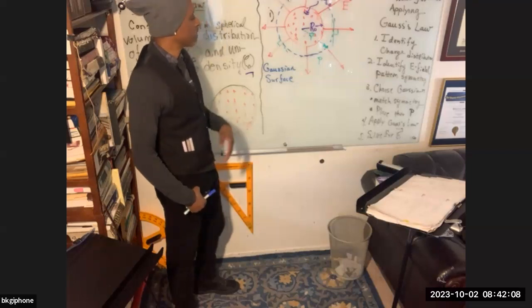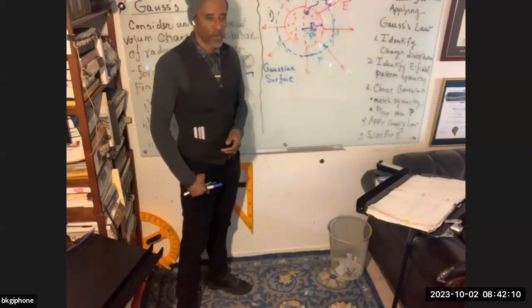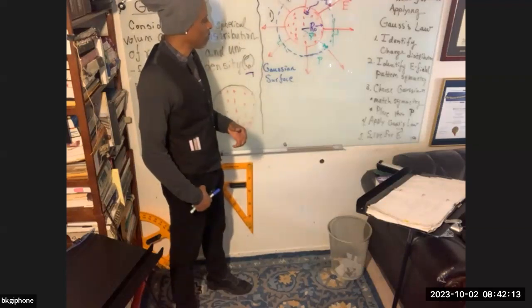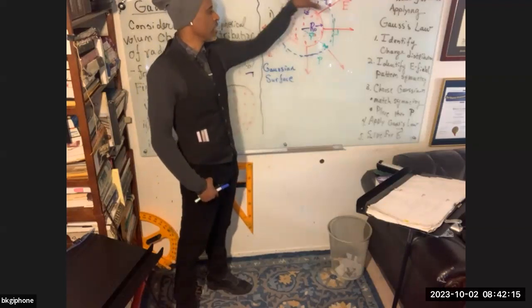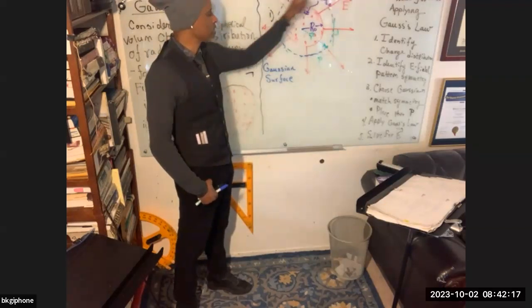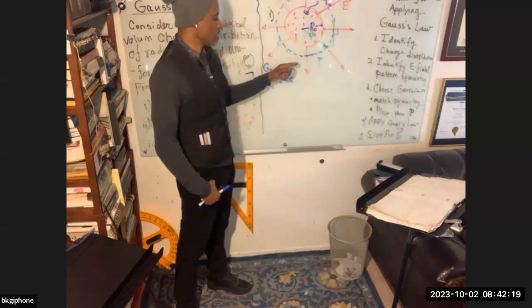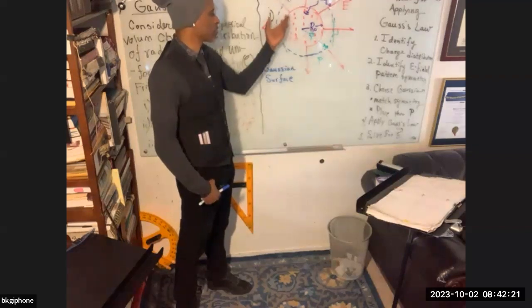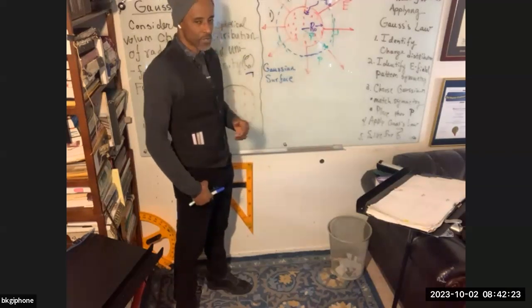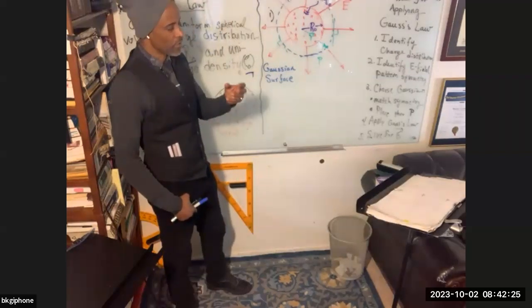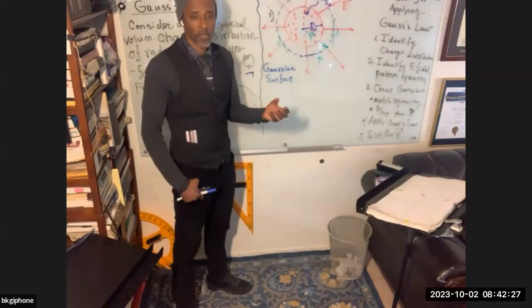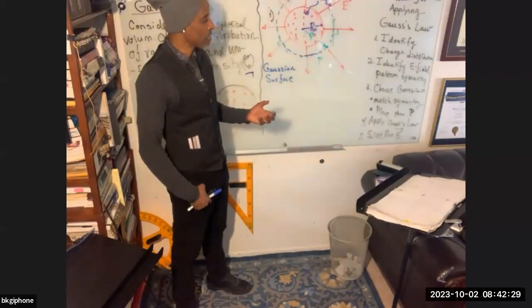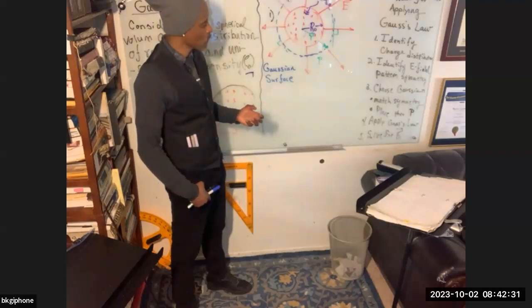So by making this distribution in this way, we can steal or mimic the symmetry of the E field interacting with our Gaussian surface. It's analogous to the same symmetry of the spherical charge distribution from which the field originates. And that's the magic and the beauty of Gauss's law.